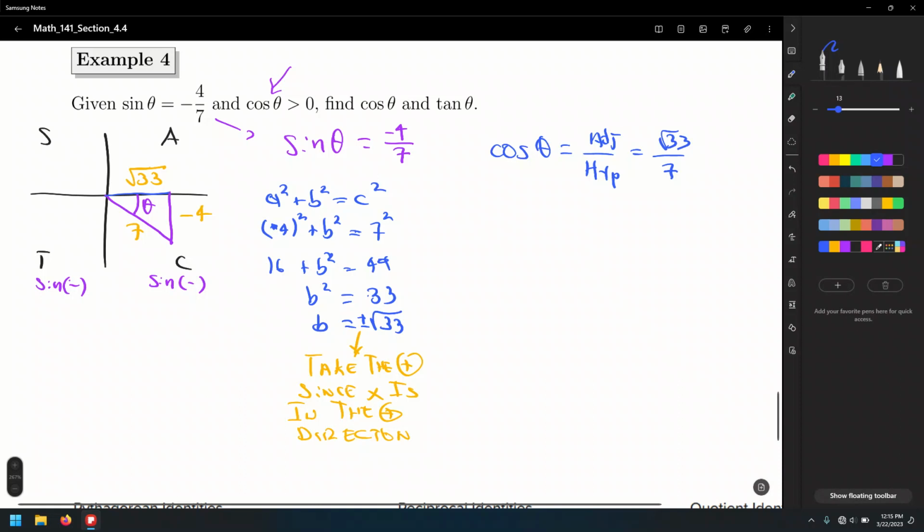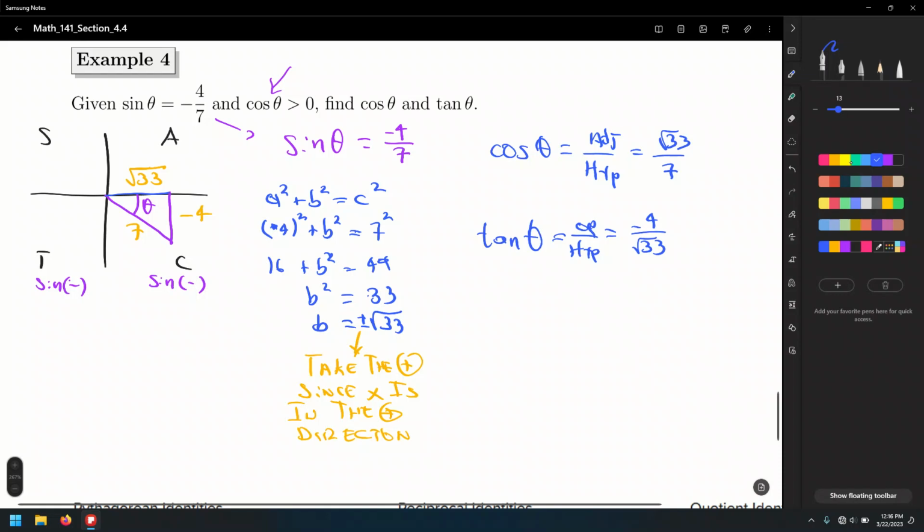One last thing here, evaluate tangent of theta. In this case, tangent by definition is opposite over adjacent. Opposite, which is -4, over the square root of 33. And in this case, we don't like radicals in the denominator.